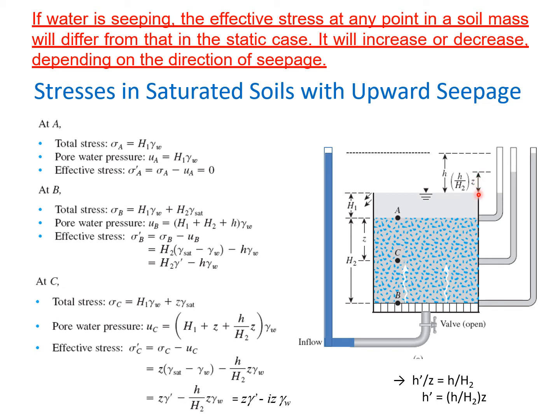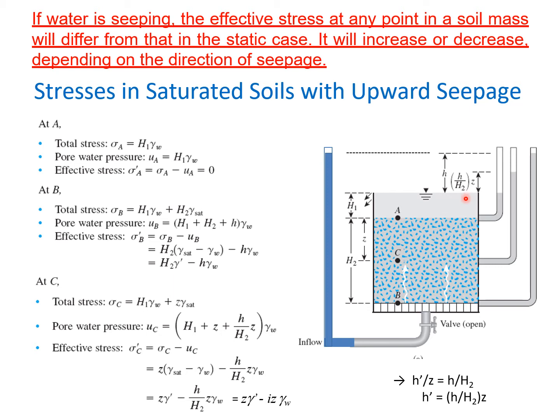So you can say h dash over Z is the hydraulic gradient. This is equal to h over H2, and from that you get h dash equal to small h over capital H2 multiplied by Z. So that's why it is mentioned here that the head loss is equal to small h over H2 multiplied by Z.